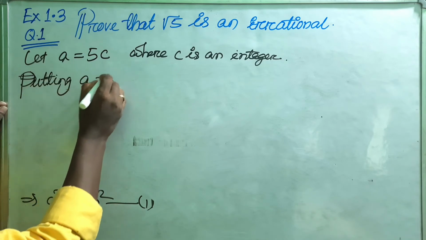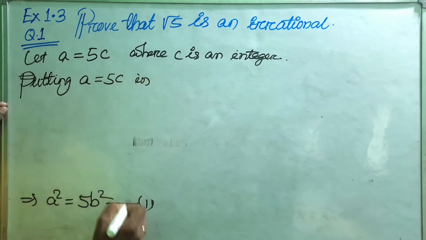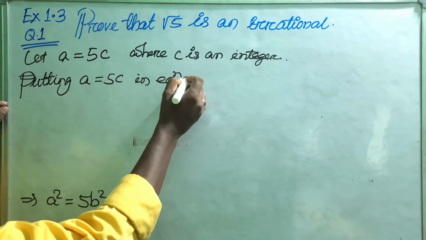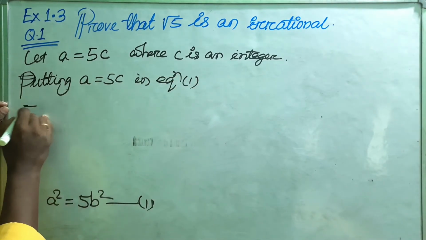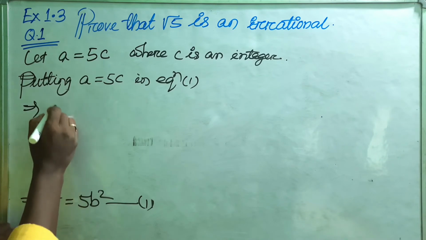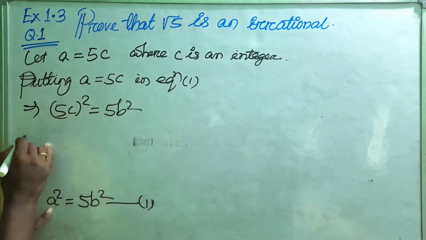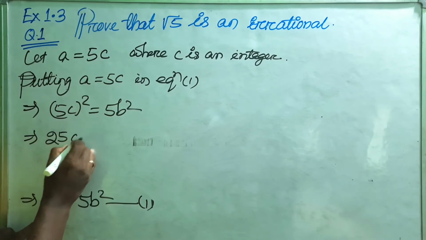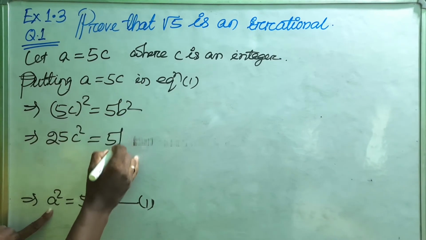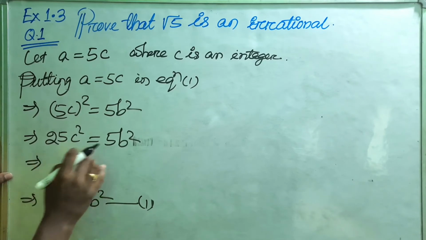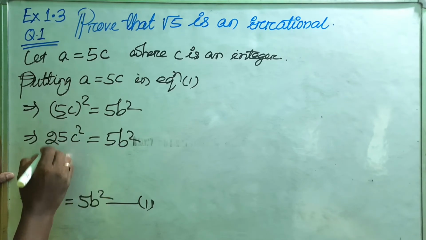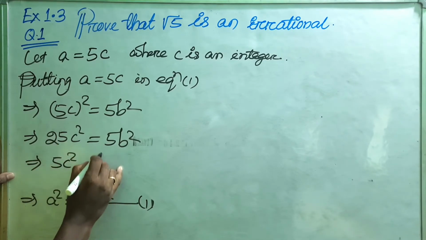Now put this value, a is equal to 5c, in equation 1. Then what will we get? We will get (5c) square is equal to 5b square. This implies 25c square is equal to 5b square. Now bring 5 to this side, so it is divided. Now it becomes 5c square is equal to b square.